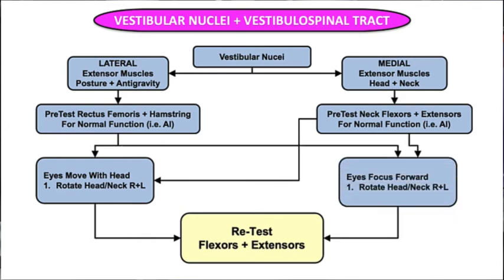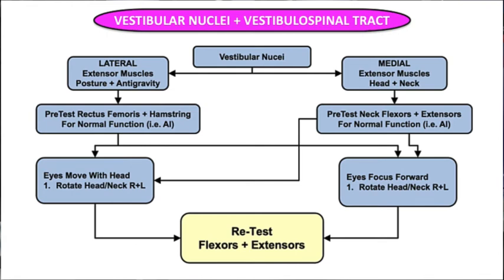The next step is we're now going to repeat turning the head side to side, but have the subject focus their eyes on an object straight ahead. If I'm standing in front of the patient, I will just say, okay, focus your eyes on something at eye level, my chin or a button on my shirt or my nose. So the patient looks straight ahead and turns the head side to side while keeping eyes focused forward.